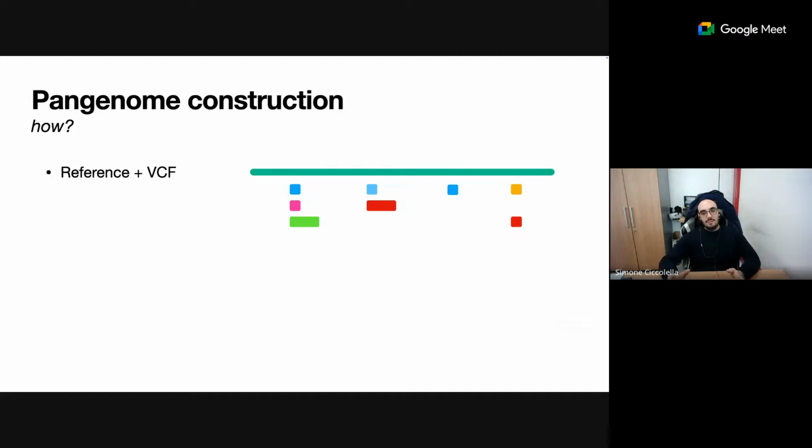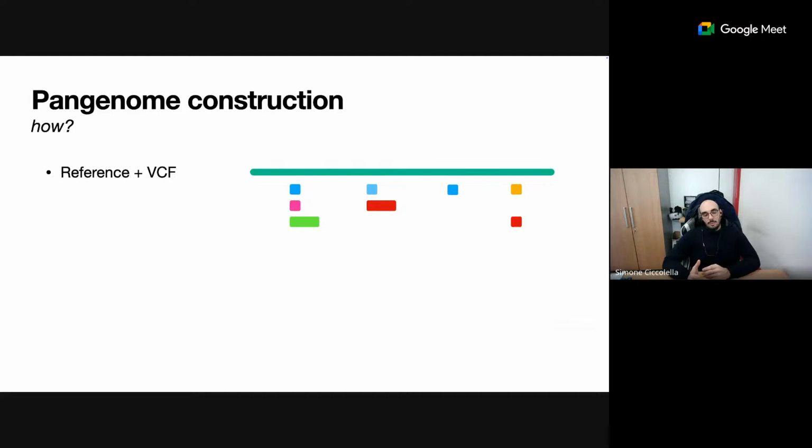pangenome construction is the first problem I would like to show you. I will not go into the details of what a pangenome is. We have already seen it described multiple times in this workshop. But what I'm referring to, just to be clear, is a graph pangenome, okay? And typically there are different ways to build one.